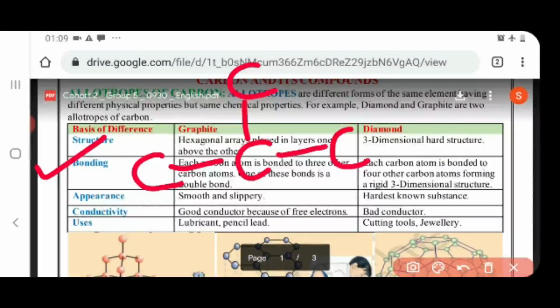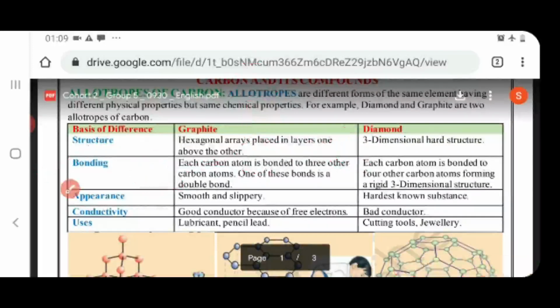Now again, how many bonds are being shown here? 1, 2 and 3. So is the valency of carbon satisfied? It is not. So one carbon atom will have a double bond. Now again, how many bonds are here? 1, 2, 3 and 4. Now the valency is satisfied.